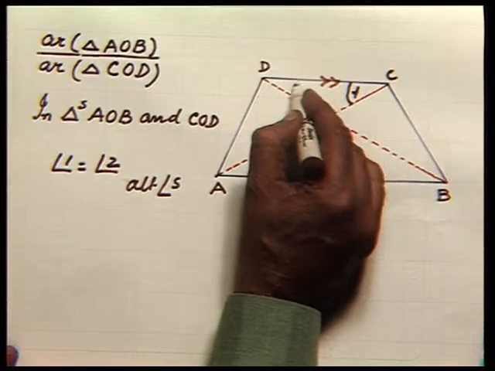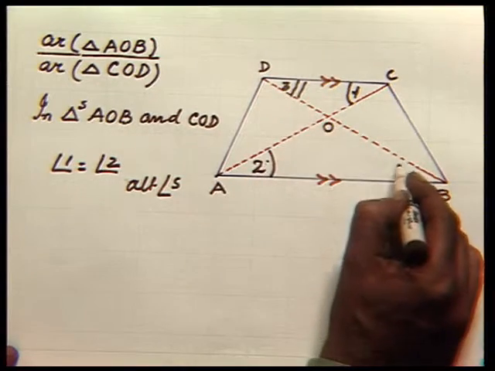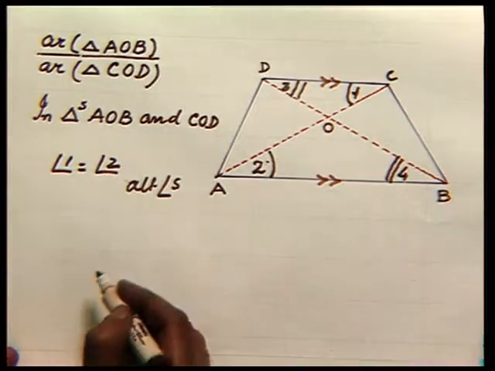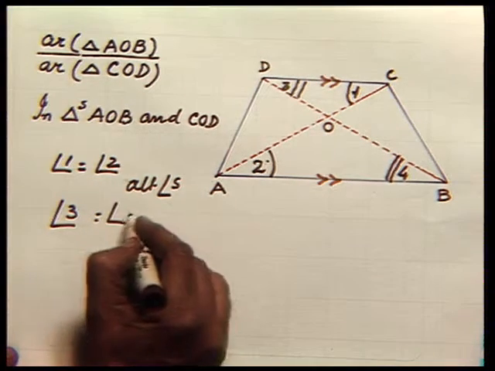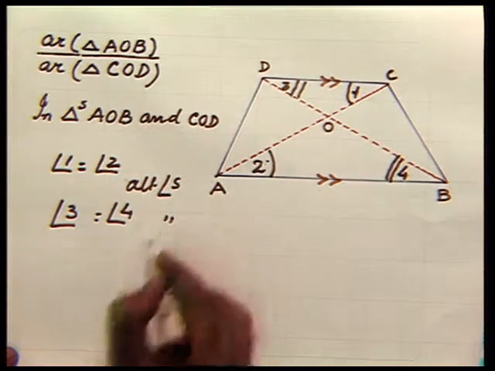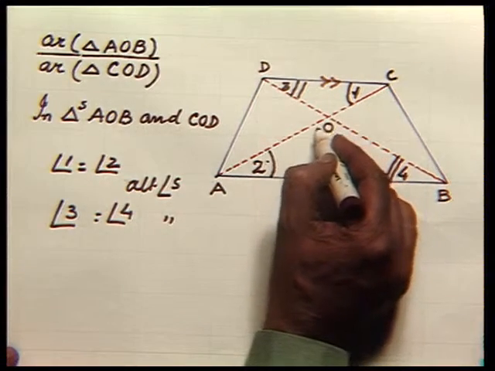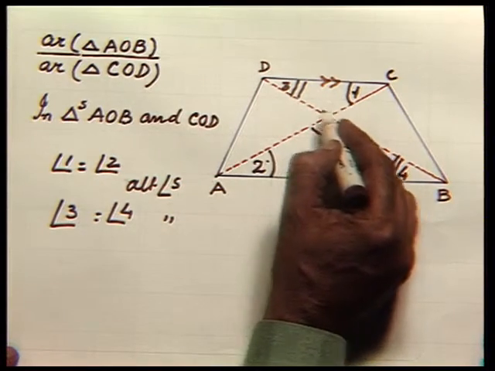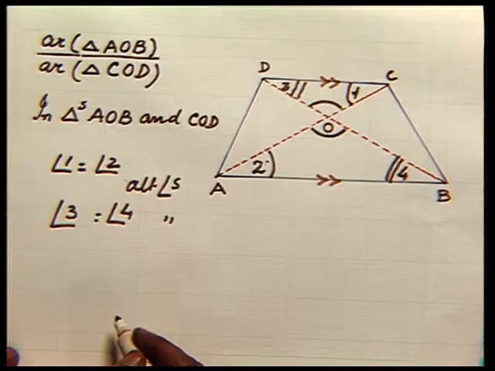And if we name this angle 3, then it will be equal to the angle over here, angle 4. Again angle 3 is equal to angle 4 by the same reason, that is, they are also alternate angles. And the third angle, angle AOB, is equal to angle COD. They are vertically opposite angles.